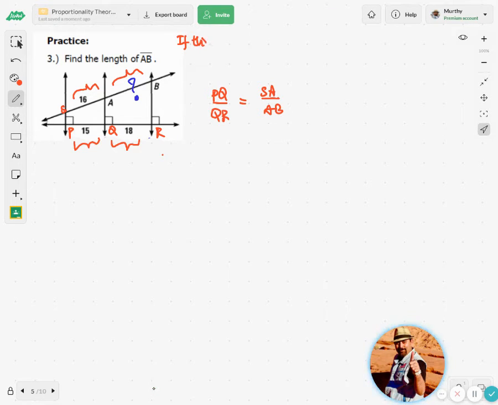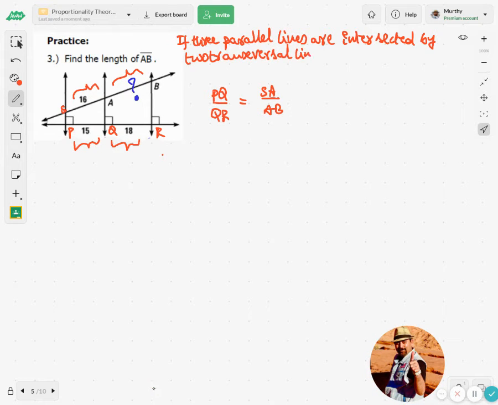If three parallel lines are intersected by two transversal lines, the sides are proportional. I mean, the segments that are formed are proportional.